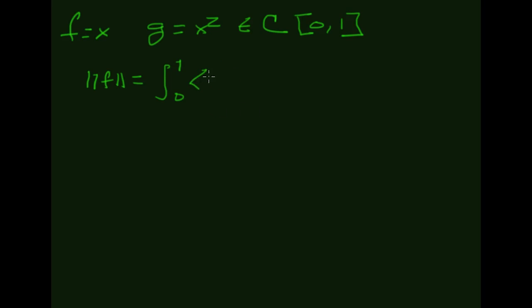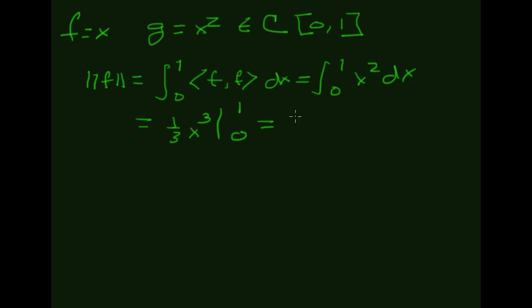It's going to be the f times f inner product dx, which is actually the integral from 0 to 1 of x squared dx, right? So that's 1/3 x cubed from 0 to 1, which is just 1/3. So literally the size of the function f of x on the interval from 0 to 1 under this inner product is 1/3. Now again, no idea what that means, but who knows?